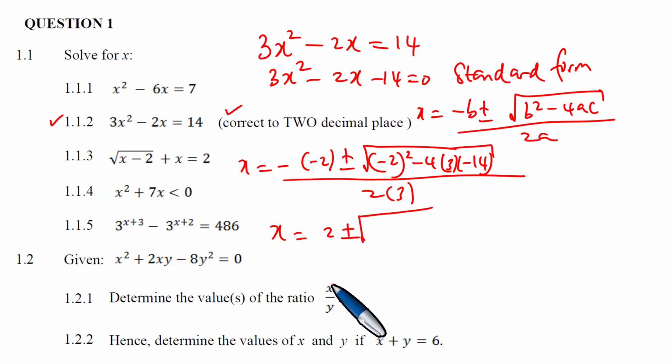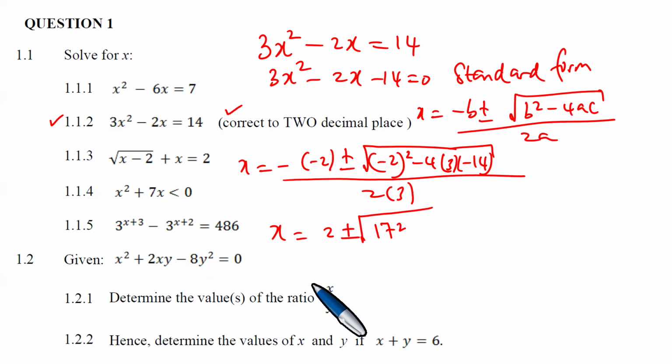So what do we have under the square root sign here? Under the square root sign you would have 172. Please check this because you're going to have exactly this here.